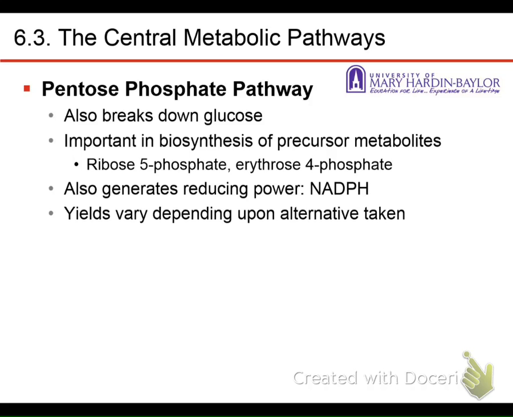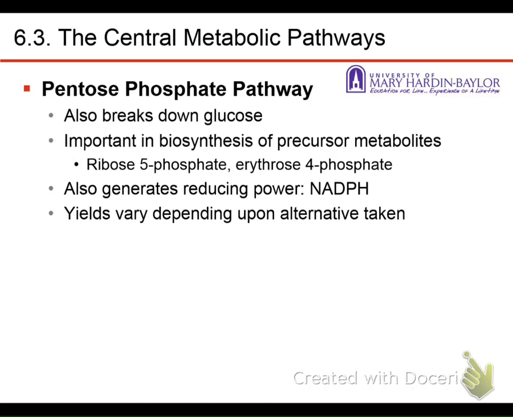Back when I took microbiology in 1979-80, we had to memorize that. So when students complain that there's too much to know, I direct them to that pathway and say, look, we used to have to know this much detail when we took this freshman, sophomore level course, and all you need to know now is the name and what the products are that come out of it. It's an amazingly complex pathway.